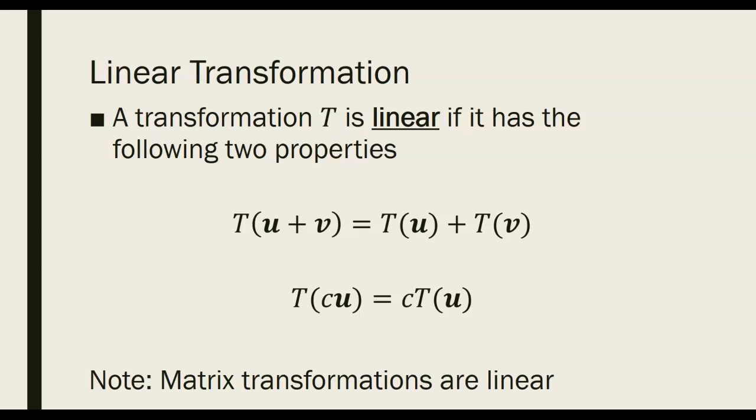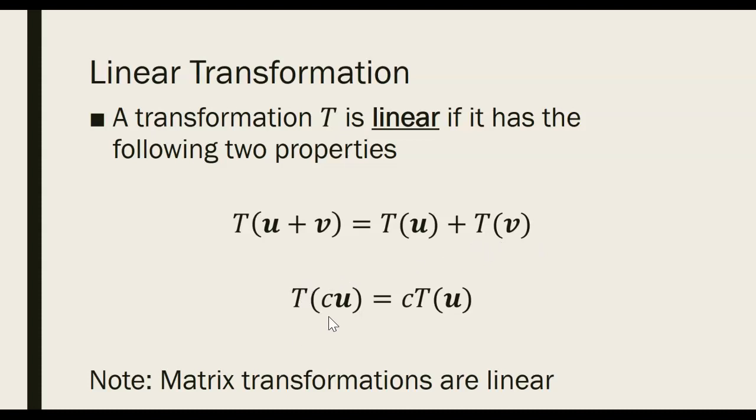Matrix transformations are linear transformations, in that a transformation is linear if it has these two properties. It preserves addition, in other words, addition before the transformation is equivalent to addition after the transformation.